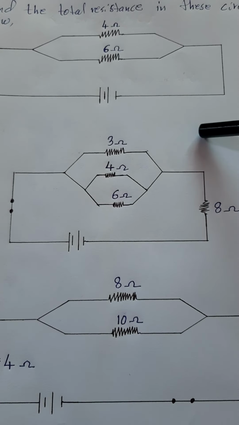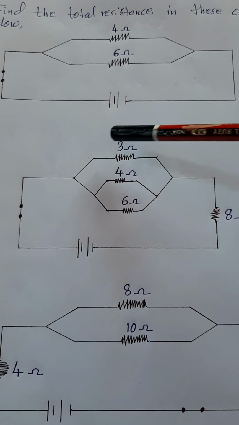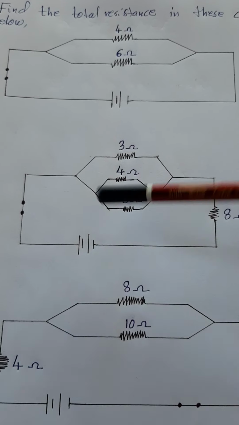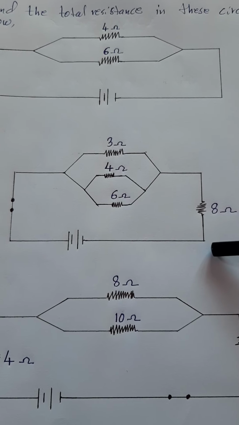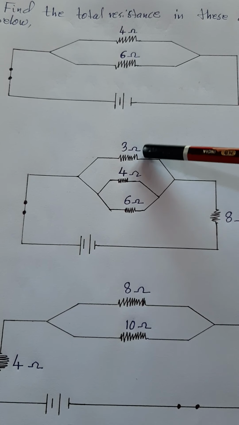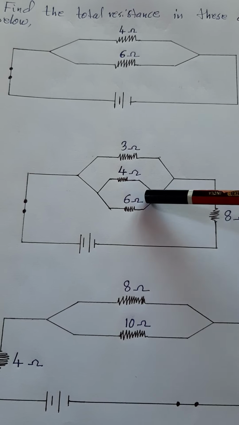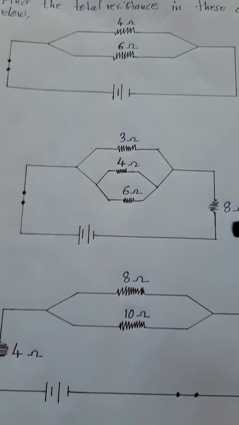This circuit contains two parts. The first one is a parallel part, and this parallel is connected in series. The first resistance is 3 ohms, the second is 4 ohms, another is 6 ohms, and another is 80 ohms. Find the total resistance.